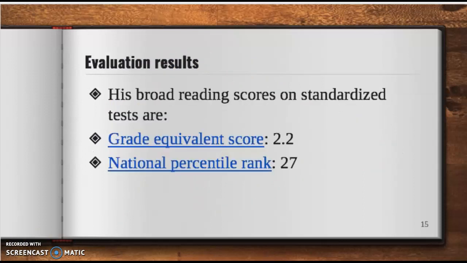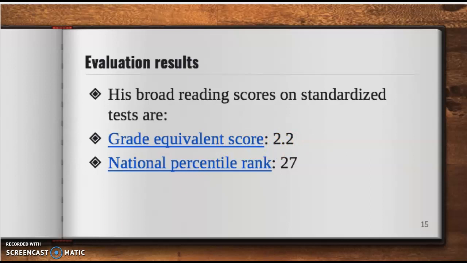You do an evaluation. Maybe you could do the Woodcock-Johnson, and you found out that he reads at a grade equivalent score of 2.2, which puts him at the 27th percentile. Now that you have his strengths and evaluation results, you still want to dig deeper and find out where exactly his baseline for reading is.